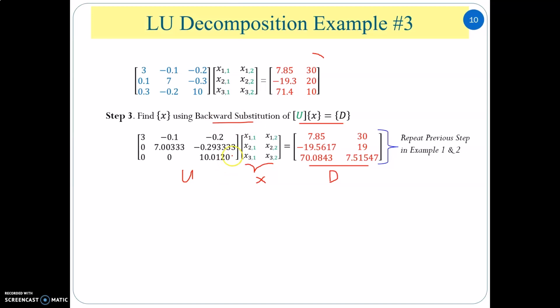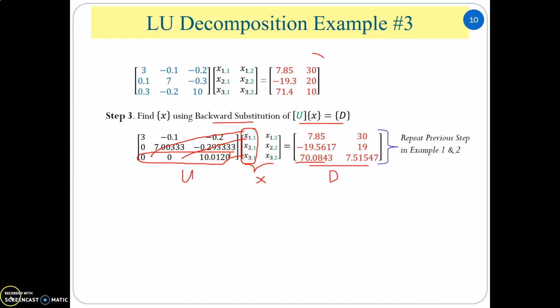Backward substitution, we start from the last row, multiply with the first column, you get the answer 70.0843. So if you multiply the corresponding elements, you should get 0 plus 0 plus 10.012 multiplied with x31 equal to 70. Then you can find your x31 answer.